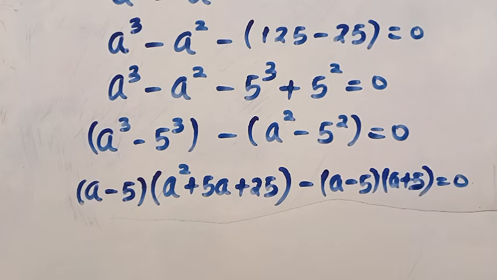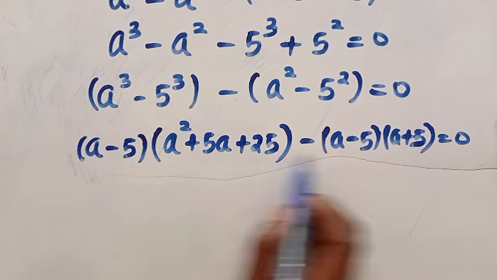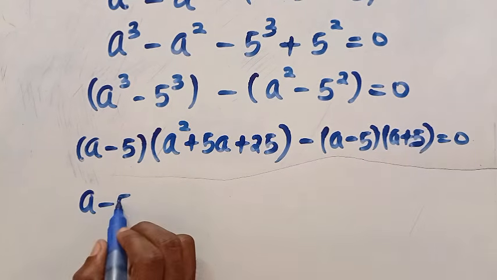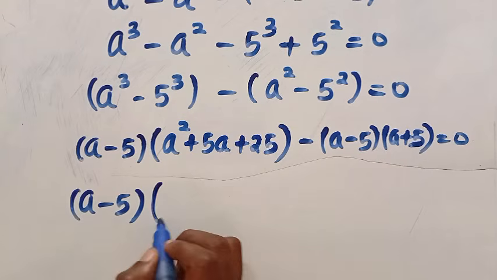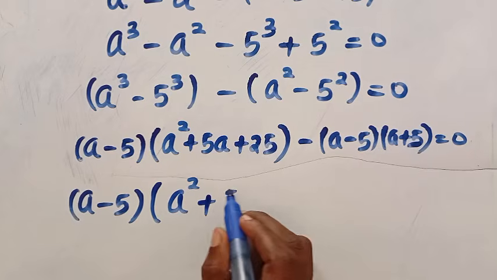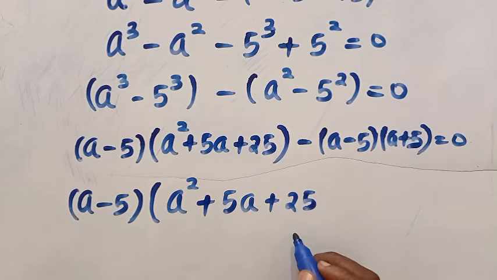And the next line is, we have A minus 5 common. We take it out by factoring out A minus 5. In this bigger bracket, we are left with A squared plus 5A plus 25.